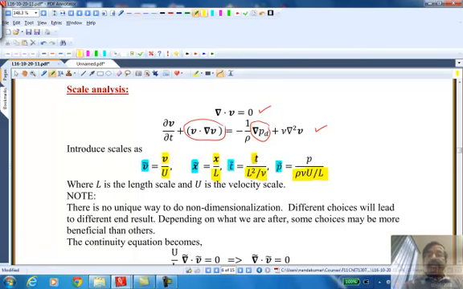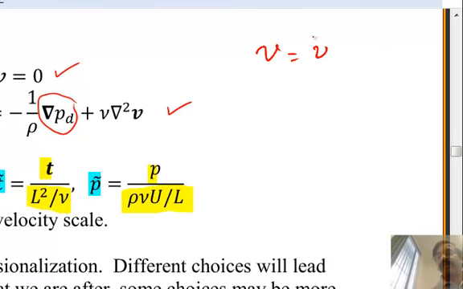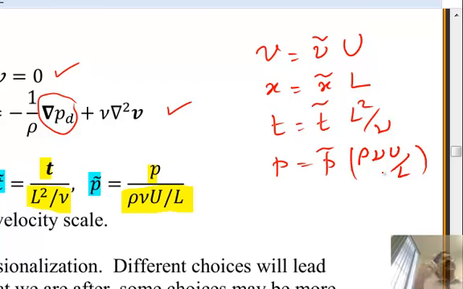Now I'm going to take the Navier-Stokes equation and plug in, wherever I have V, I will replace this by V tilde times U. Wherever I have X, I will replace it by X tilde times L. Wherever I have T, I will replace this by T tilde L squared over nu. And similarly, wherever I have P, I will replace it by P tilde rho nu U over L, in the continuity equation and in the momentum equation.